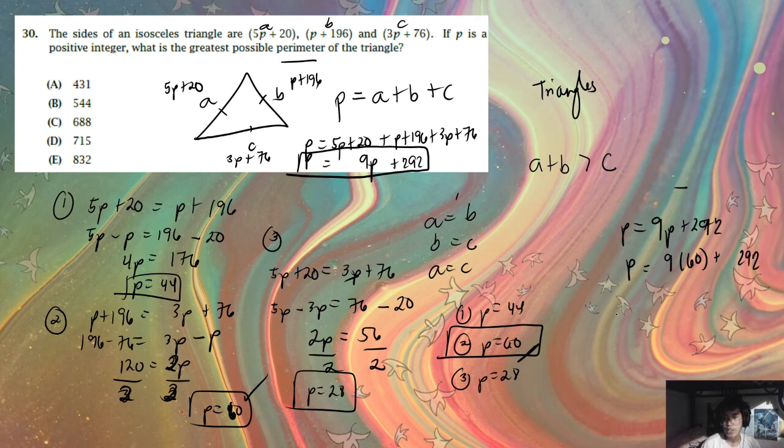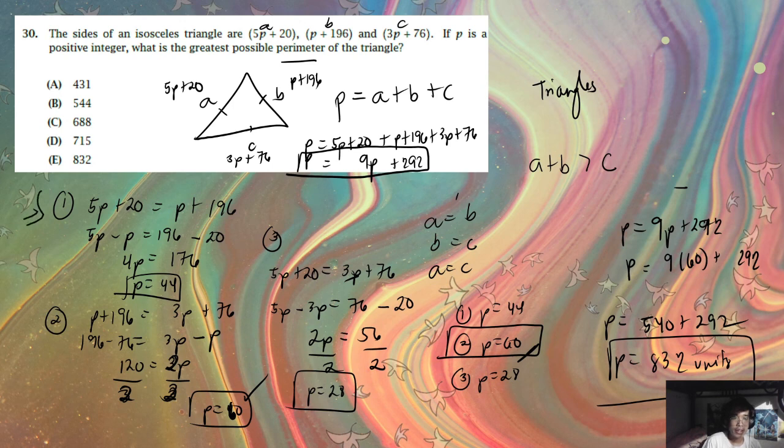The biggest perimeter that we will have would be 9 times 60, which is 540, plus 292, and that should give us 832 units. So therefore the maximum perimeter that this triangle could have is 832 units. So that would be letter B for this problem. And that's how we solve this problem.